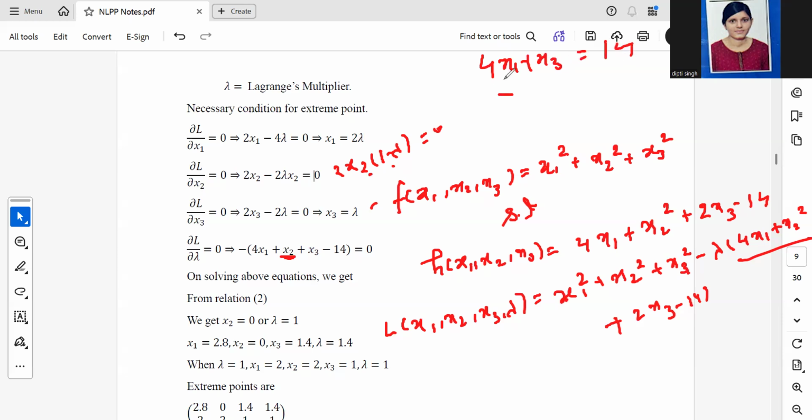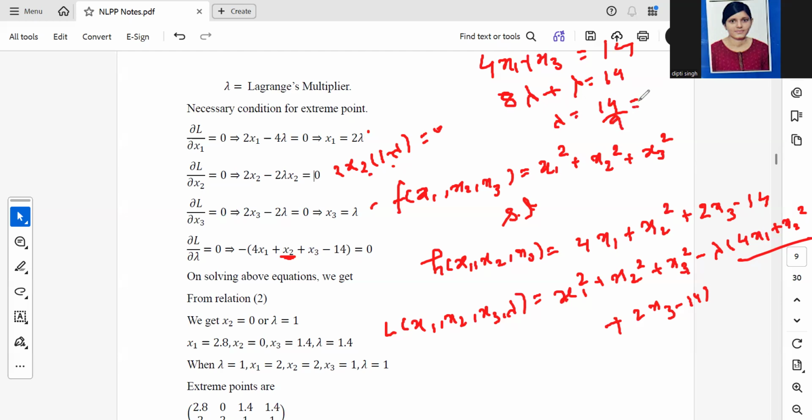Putting x1 and x3 in terms of lambda, we get 8 lambda plus lambda equal to 14, so lambda equals 14 by 9.